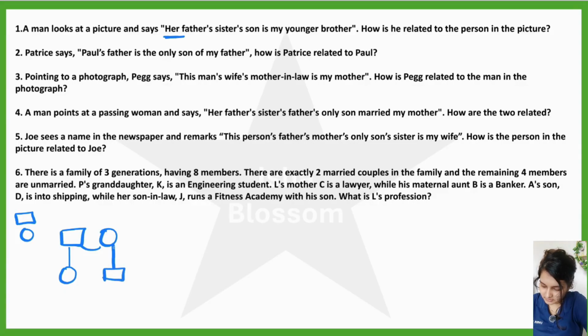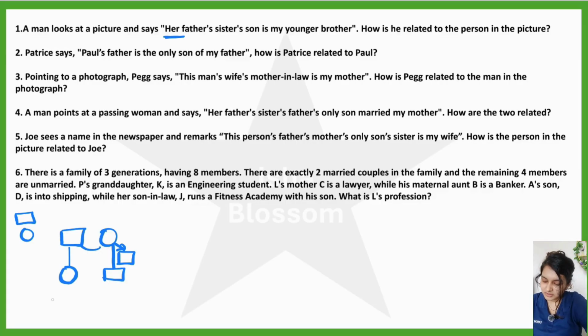It means he's also a child of this lady. Okay, and if I had to put myself in the question, then I'll be the girl whose picture this man is looking at. So my dad's sister would be my bua in our typical relationships. So my bua's son would be my first cousin.